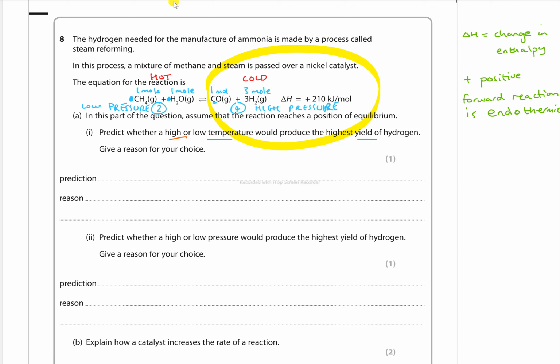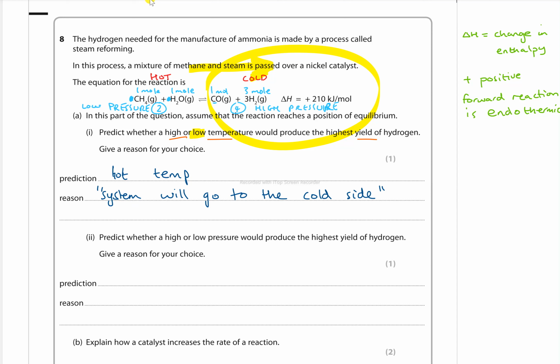So if we use a high temperature, the system will move to the cold side, it decreases. So we want to use a hot temperature, because the system will go to the cold side, right?